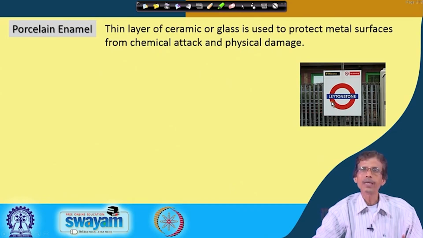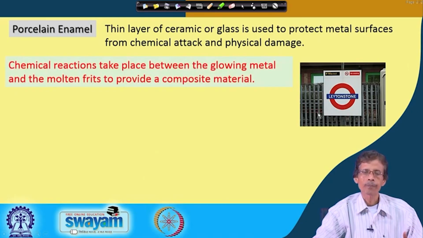Earlier we were using these signs very much; now, with the plastic days, we do not use them as much, but still the life of this material, the ceramic material, that means the porcelain enameling material, is long. So, the enamel sign is the corresponding thing where we get the coating of all these things.